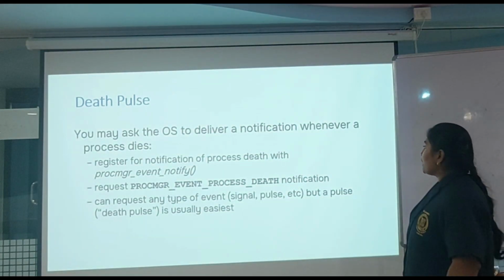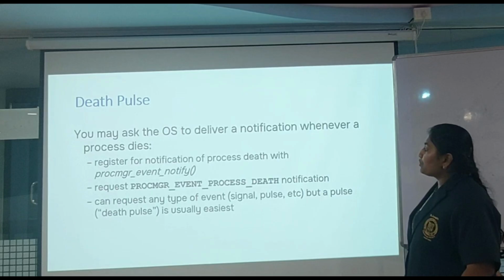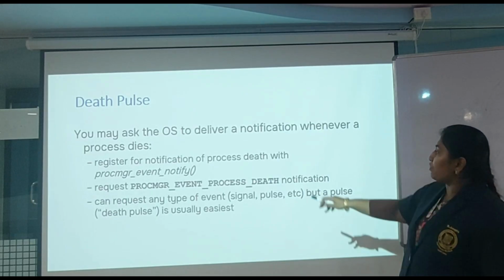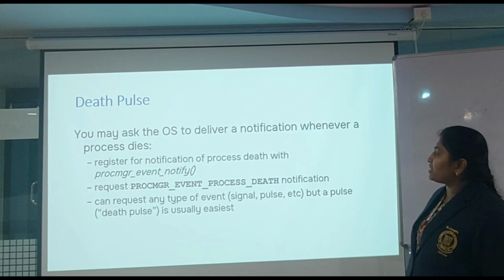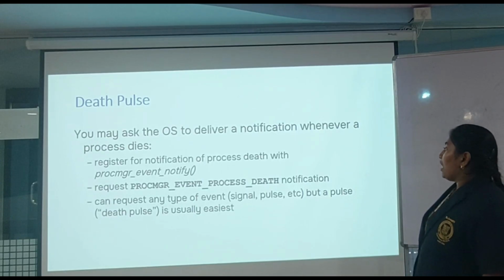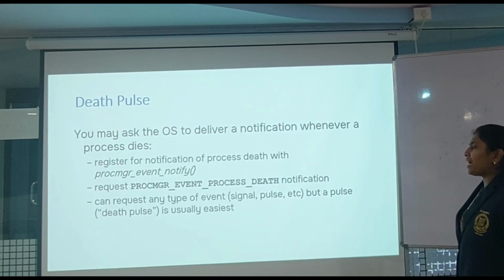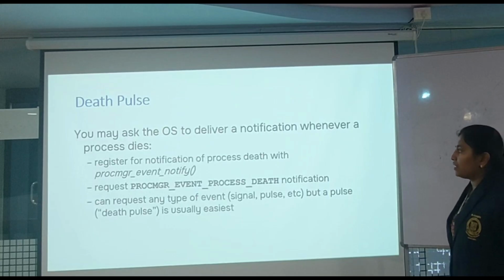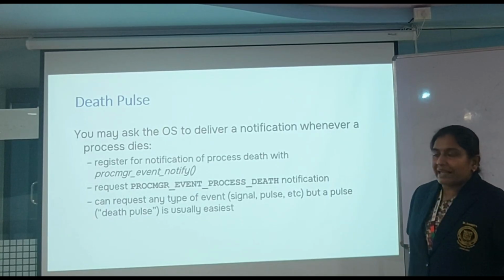The request should be very specific, with the variable being configured, that is the process death notification event. This should be configured in order to get a notification of a process death in the user space of a QNX kernel. The event delivered for this function call can be anything.